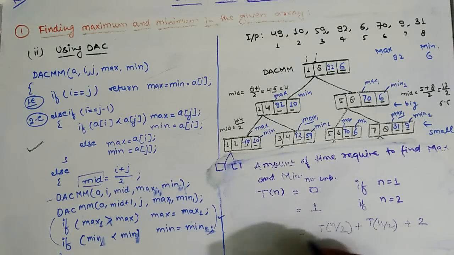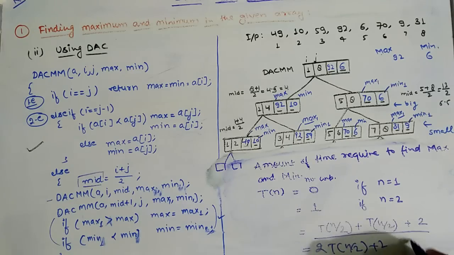So this is the recurrence relation: 2T(n/2) + 2 if n is greater than 2.